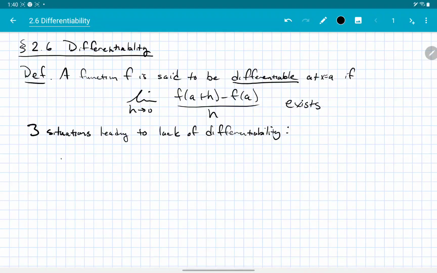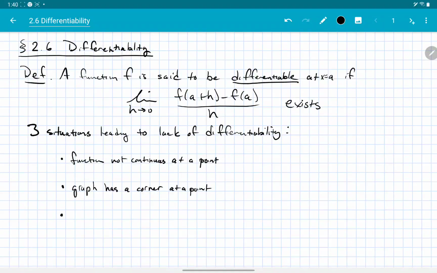Okay, the first situation is the function is not continuous at a point. The second situation is that the graph has a corner at a point.